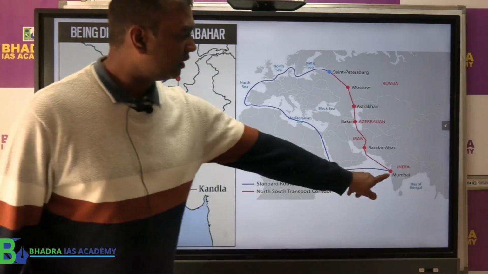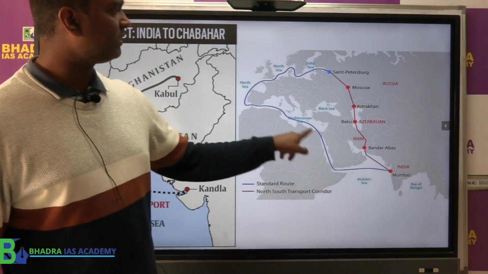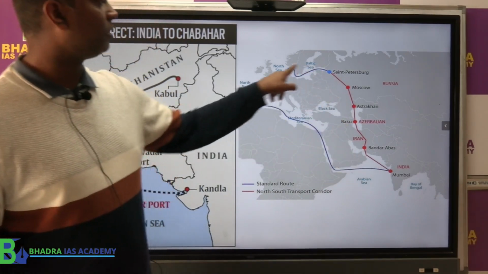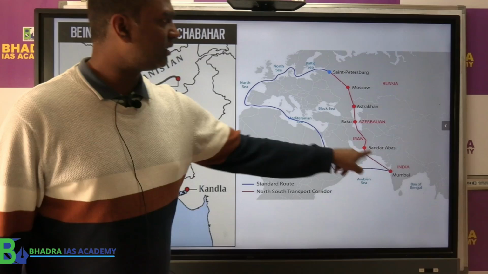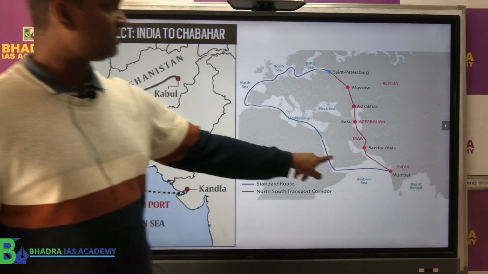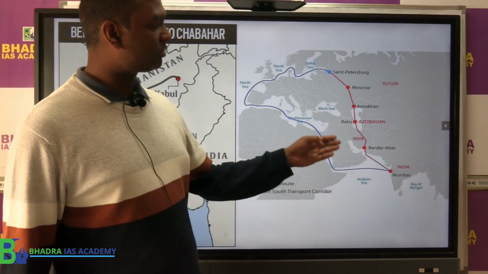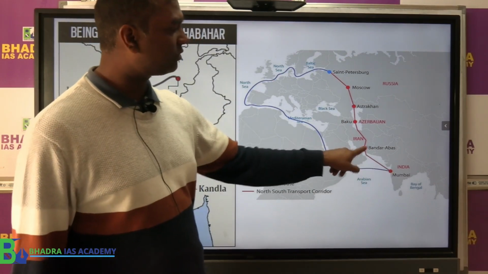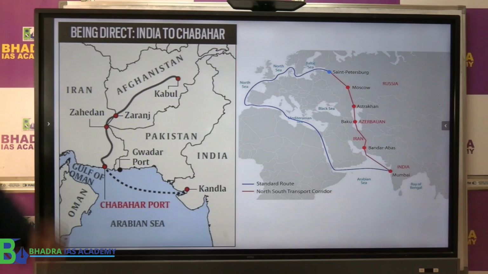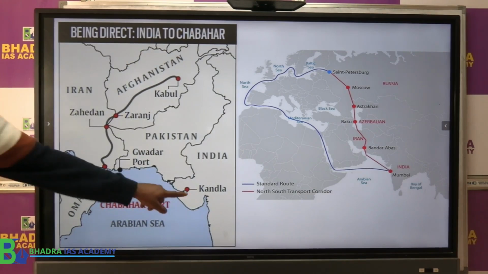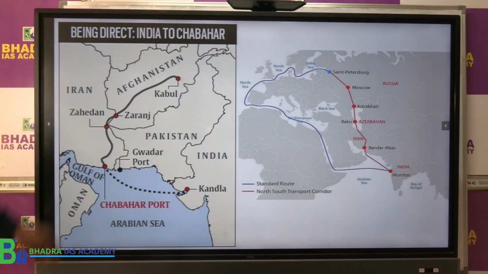So from Mumbai also you can connect and go through all these routes. This is the INSTC route, the north-south corridor. India is also able to connect through Chabahar, and that is how the government is trying to promote this, through Kandla as well as from Mumbai.